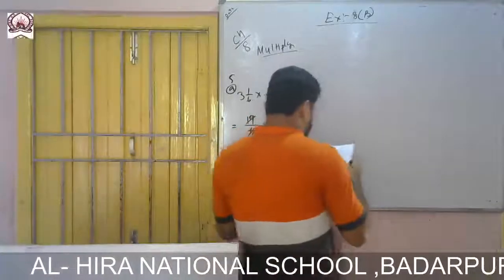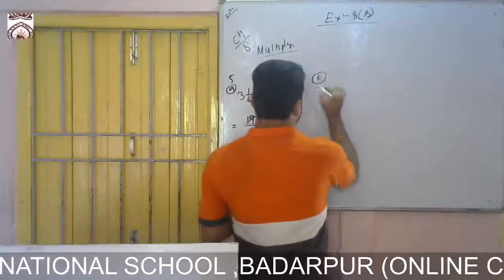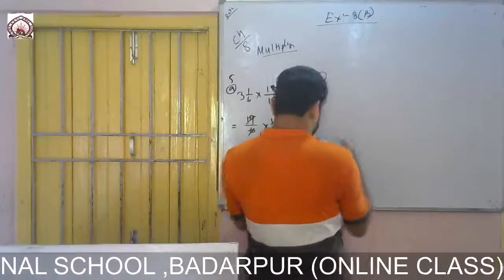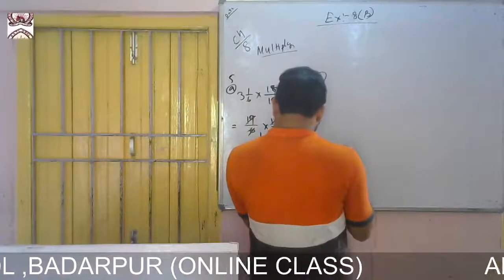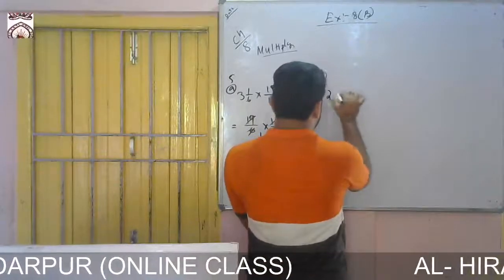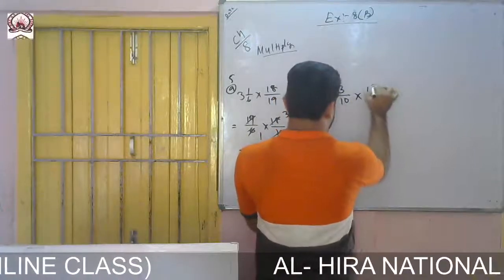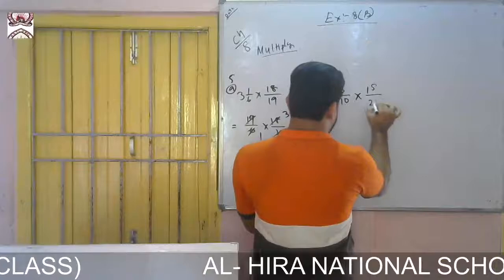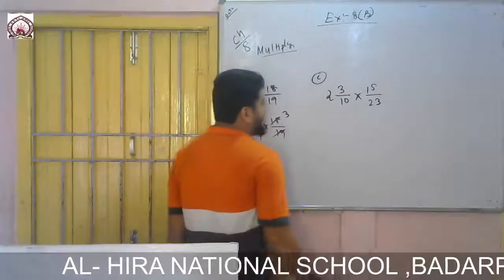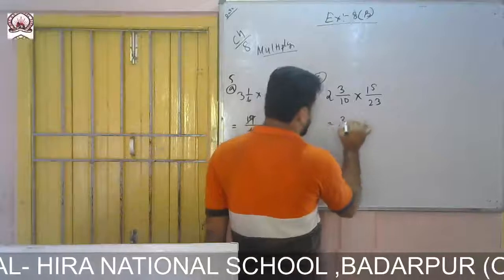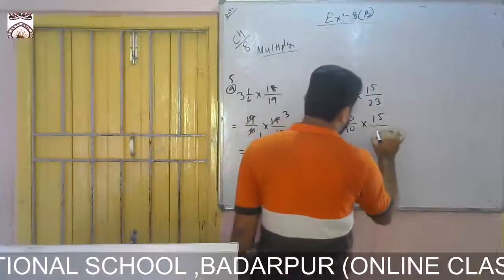Now come to which question? The long one I shall show. Okay, come to C. See what is there? C, 23 by 10 into 15 by 23.